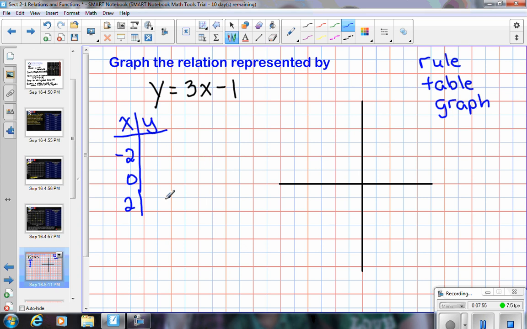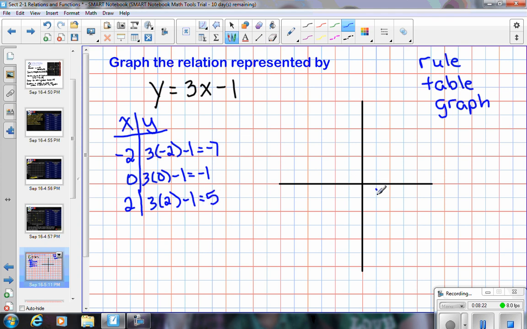Then to find out the values associated with that, I need to substitute the -2 into my equation. So I'm going to have 3 times -2 minus 1. -6 minus 1, so we get -7. Substitute in a 0, and we get -1. Substitute in a 2, and we get a 5.